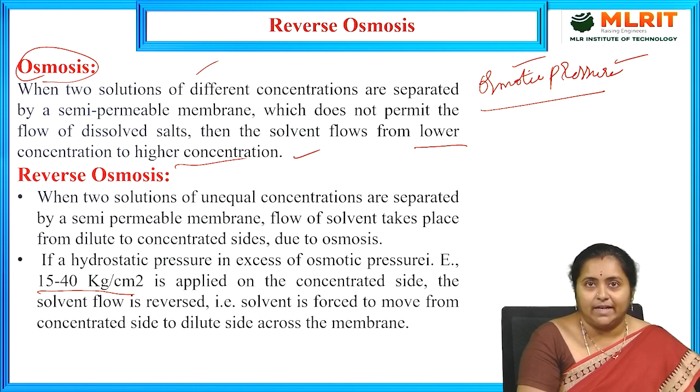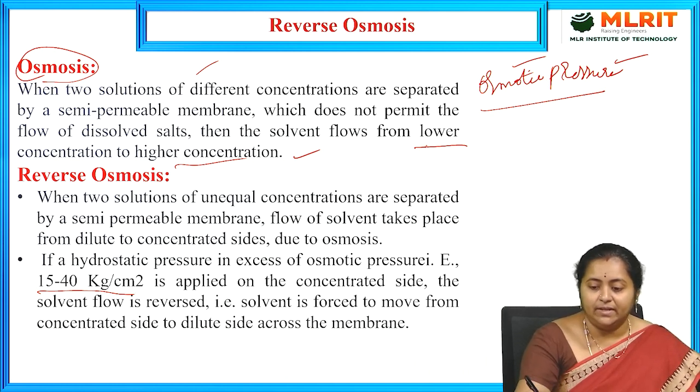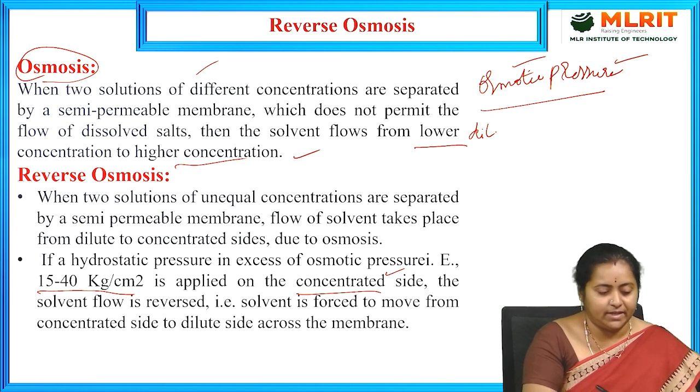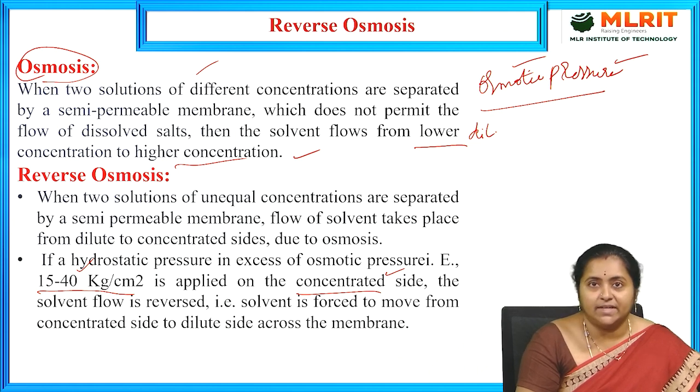On the reverse side, that means initially we supplied pressure on the dilute side, now we are going to supply it on the concentrated side. If I supply this hydrostatic pressure in excess of the osmotic pressure, that is in a range of 15 to 40 kilograms per centimeter square on the concentrated side, then what will happen?